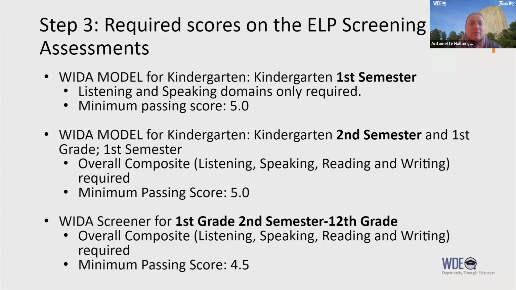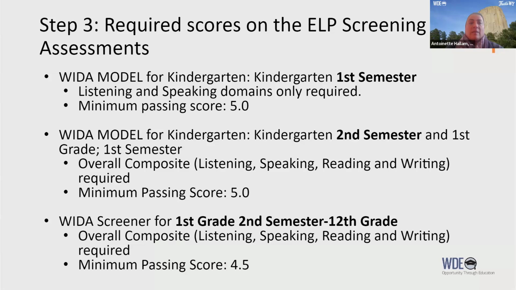In addition to the WIDA screener for kindergarten, we also have the WIDA model for kindergarten, as well as the WIDA screener for grades 1 through 12. This slide contains the details regarding the specific assessments and their minimum passing scores. The WIDA model for kindergarten, first semester, the domains required are listening and speaking only, with a minimum passing score of a 5.0.